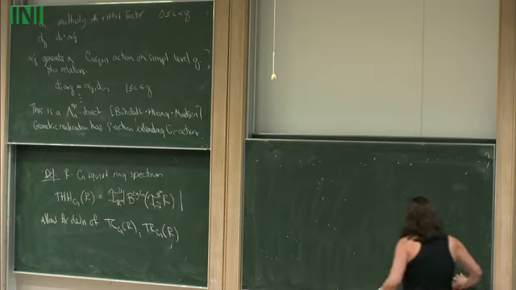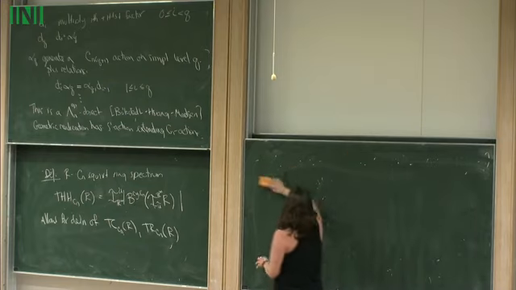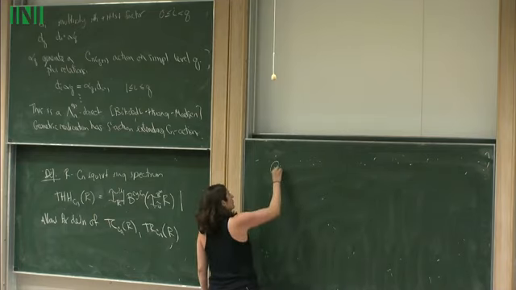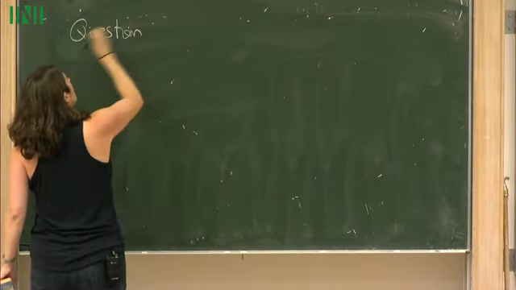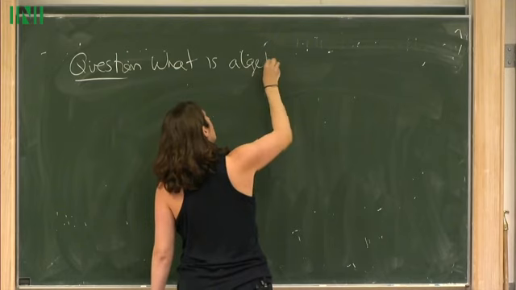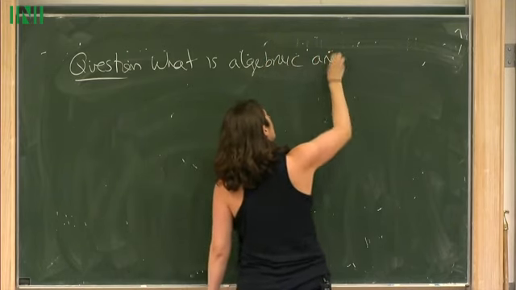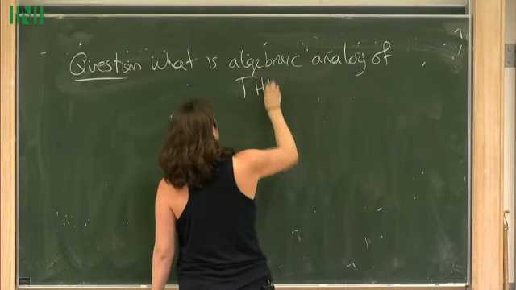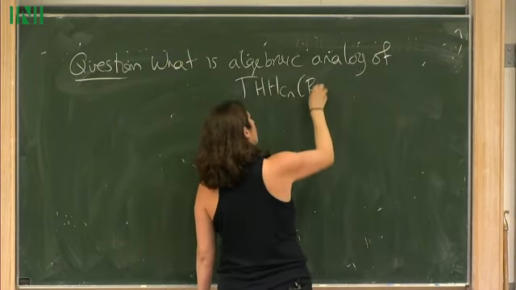So that's the question that's going to lead us to our goal over there. So the question is, what is the algebraic analog of the Cn relative THH?